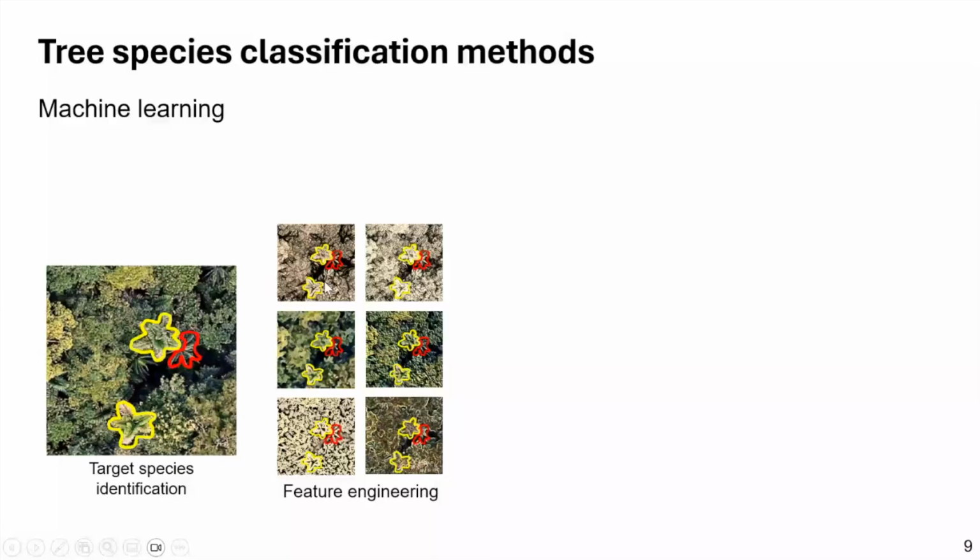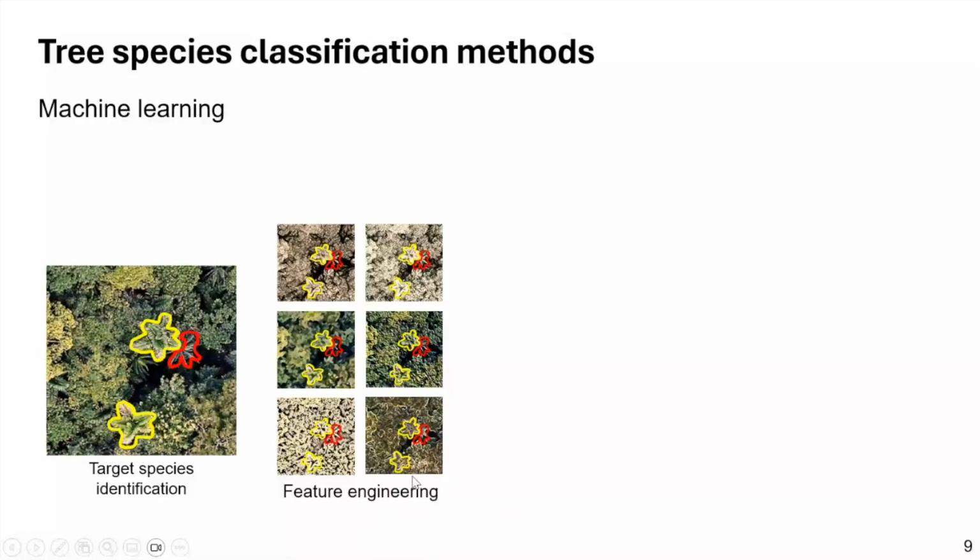This process is very time consuming because we do not know exactly what feature will be the best to discriminate among the trees that we would like to identify in the image.